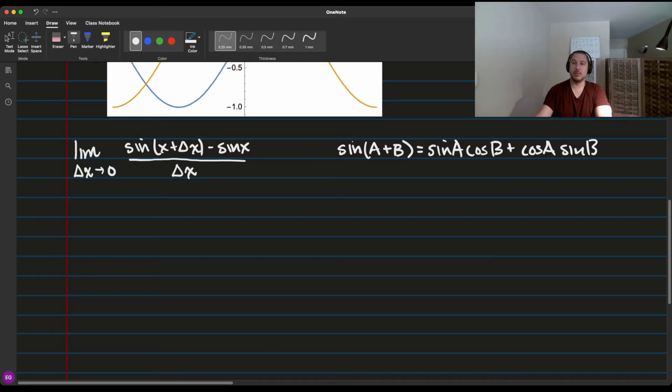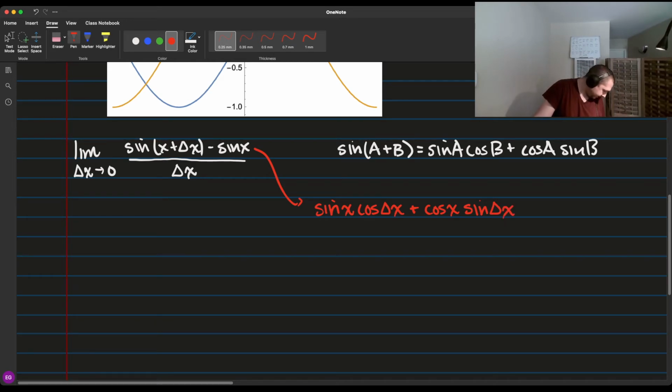So we're going to work on the numerator. We get the sine of x times the cosine of delta x plus the cosine of x times the sine of delta x.